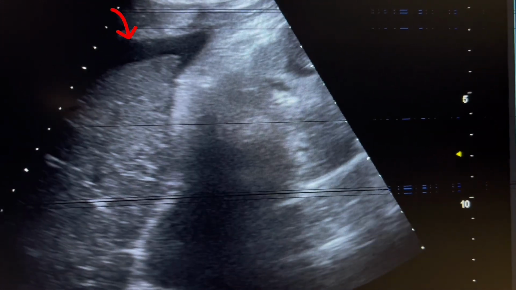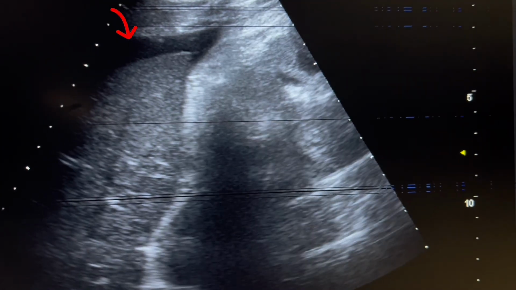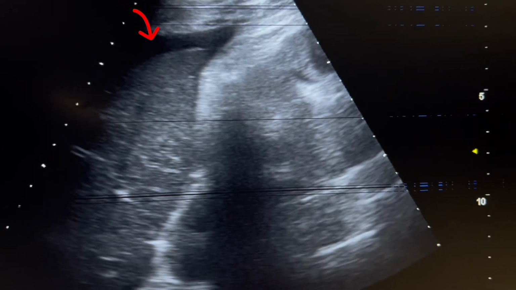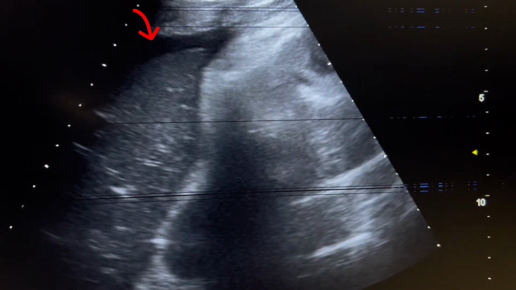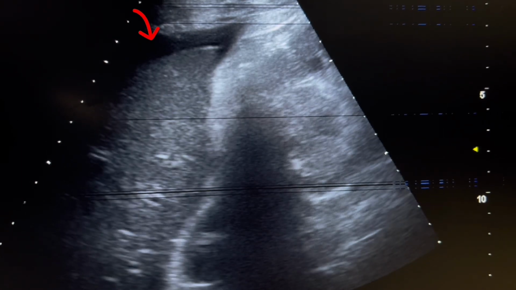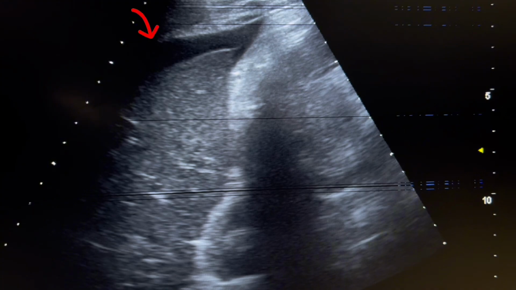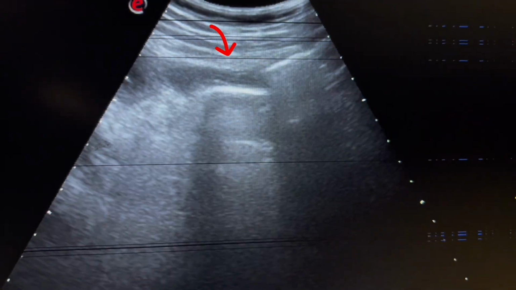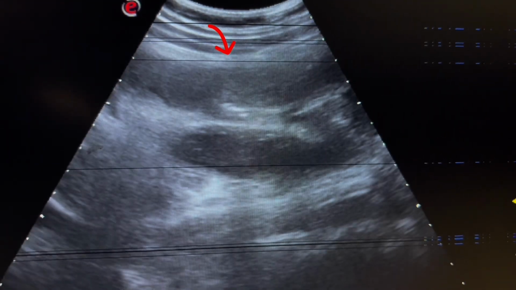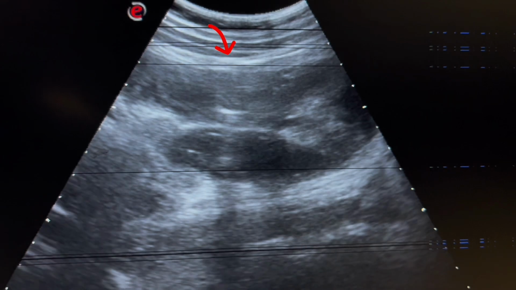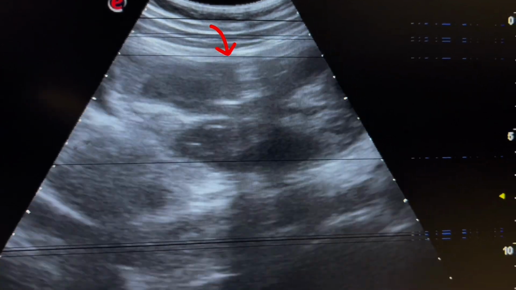Here we see the left lobe of the liver and fluid around the left lobe. At the hepatic flexure, the walls of the ascending colon are also thickened.